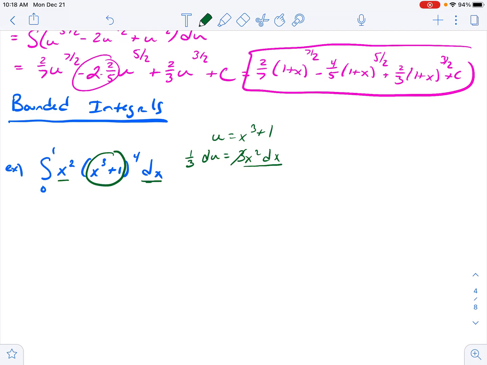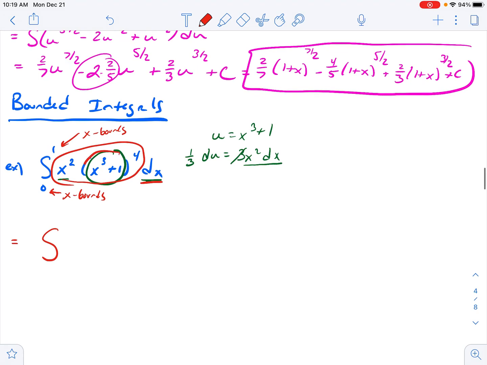Now look, these are called x bounds. What is the area under this graph of x as x goes from 0 to 1? Well, now we're turning it into an integral of a different letter, u. Drop the bounds. Basically, this is going to become the integral. Let's start with the u stuff.